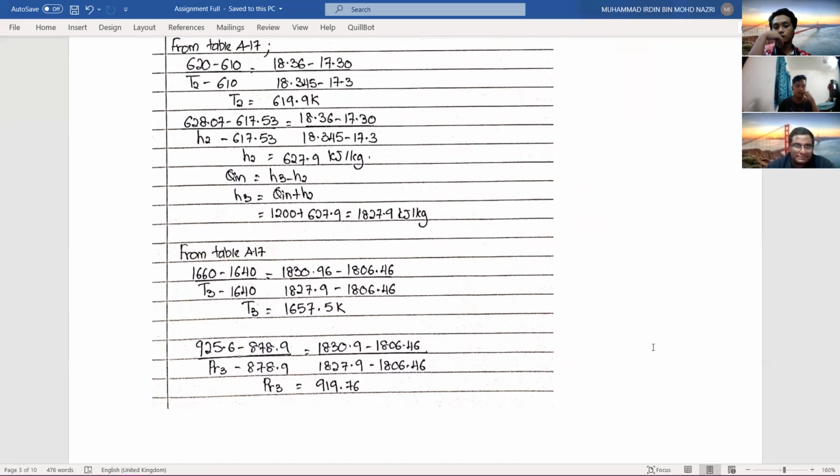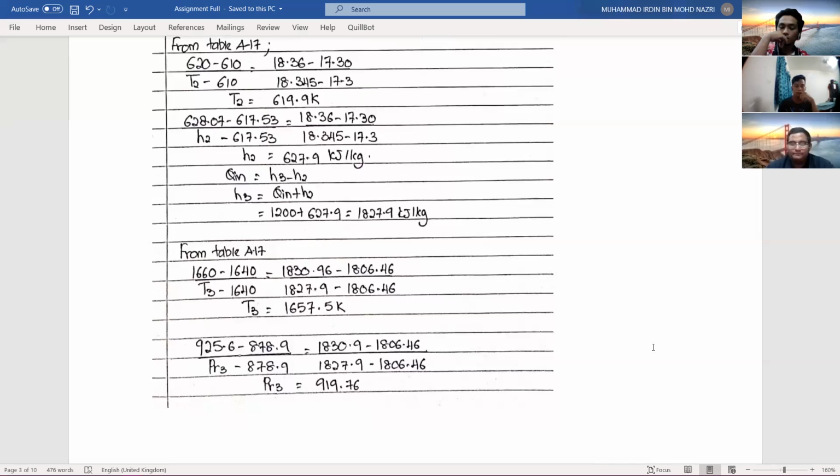Using the enthalpy, we can do the interpolation to get the temperature at point 3 and the Pr3 at point 3. The temperature at point 3 is 1657.5 Kelvin, and Pr3 is 919.76.